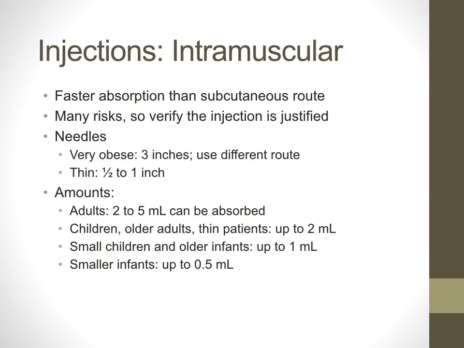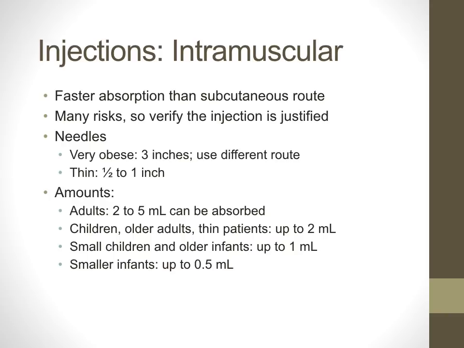Your intramuscular injections are going to be faster absorption than your subcutaneous route because it has much more blood flow. Many risks are involved with intramuscular, so you've got to make sure you are verifying the location of your intramuscular injection.